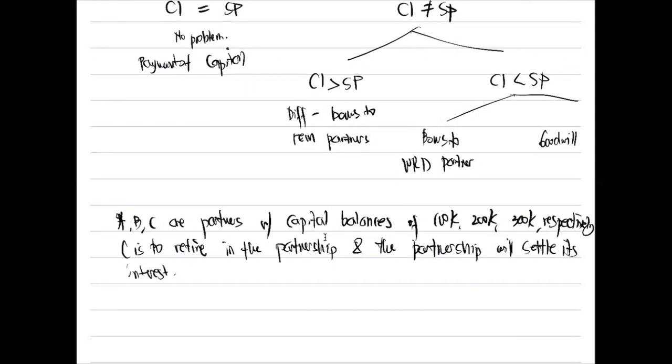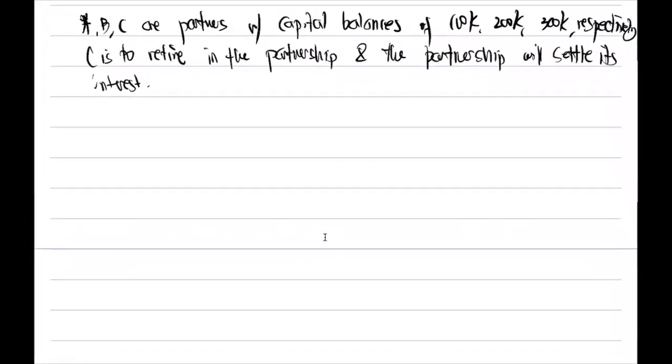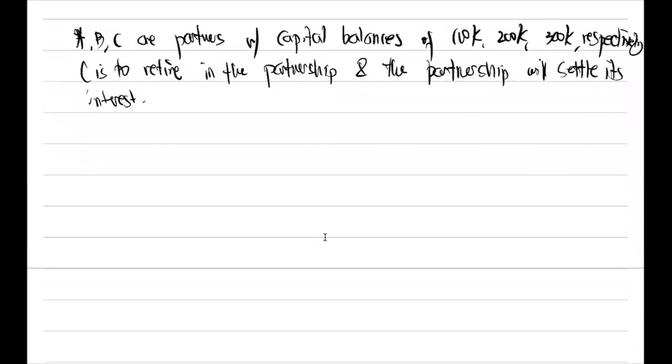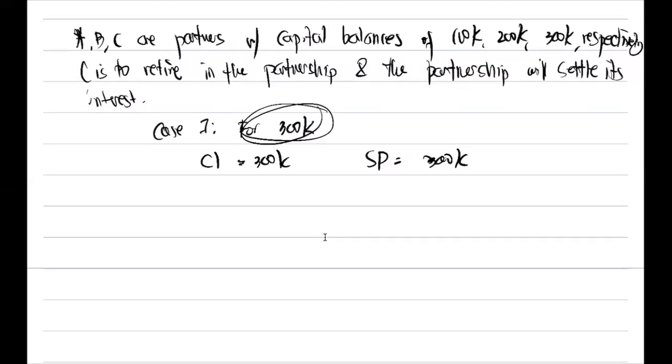So here it is the partnership who will purchase the interest of C. Case 1, for 300,000 pesos. So what is the capital interest? 300,000. What is the settlement price? 300,000, because that is the amount of our settlement. So what will happen? It will be treated only as the payment of the interest. So you remove C capital and then you will credit cash 300,000.